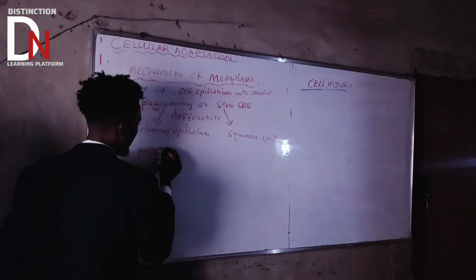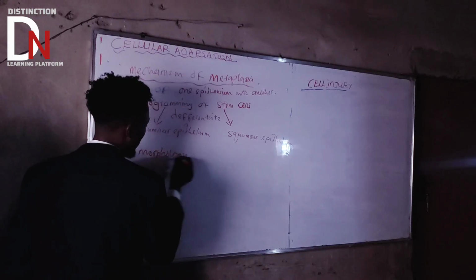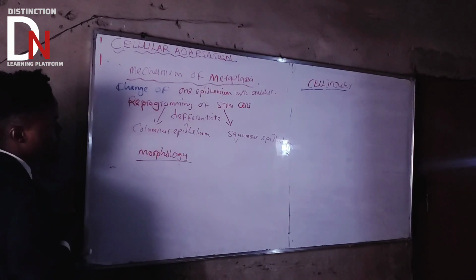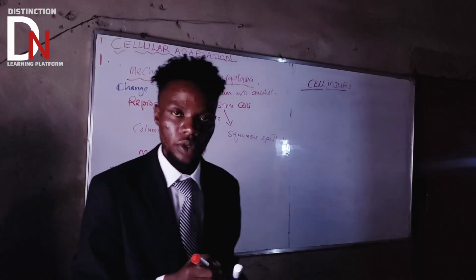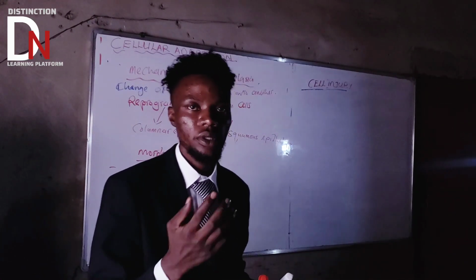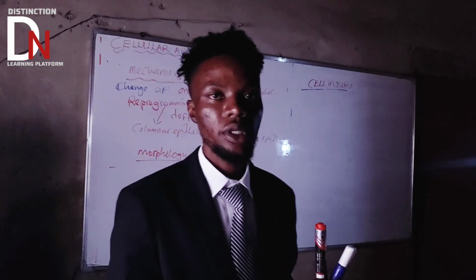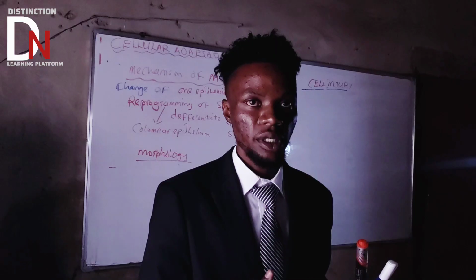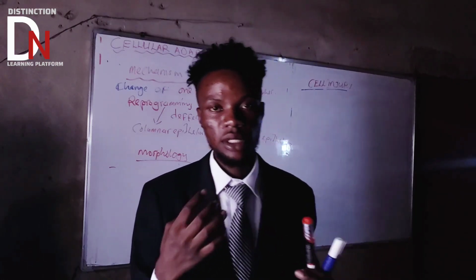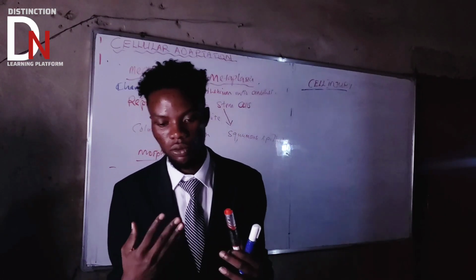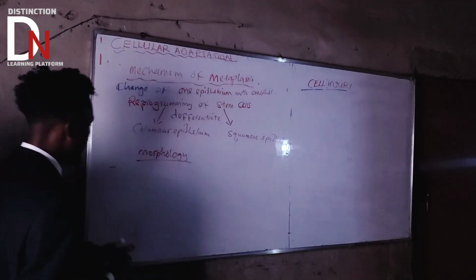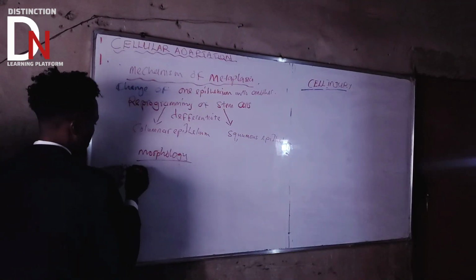Now let's talk about what you can see morphologically. What can you see under morphology? Gross morphology is not applicable here, because you can't see tissues with your naked eyes, and to see that this is metaplasia, you need to see tissues or cells. So we are talking about the microscope here.